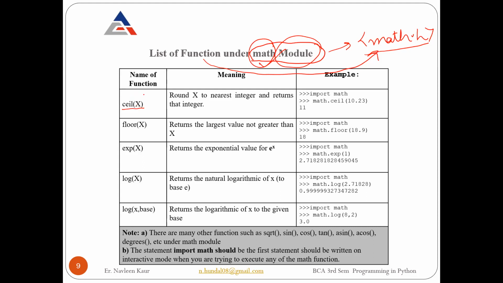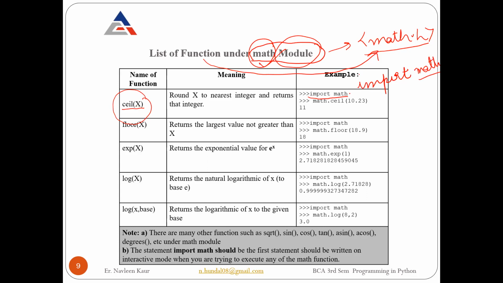So if I use this function ceil x, before using this function, I have to import math. In case of C++, you write #include and then math.h. But in case of Python, you write the keyword import, and then the name of the module that you want to import. So if I want to import math, I have to write import math.